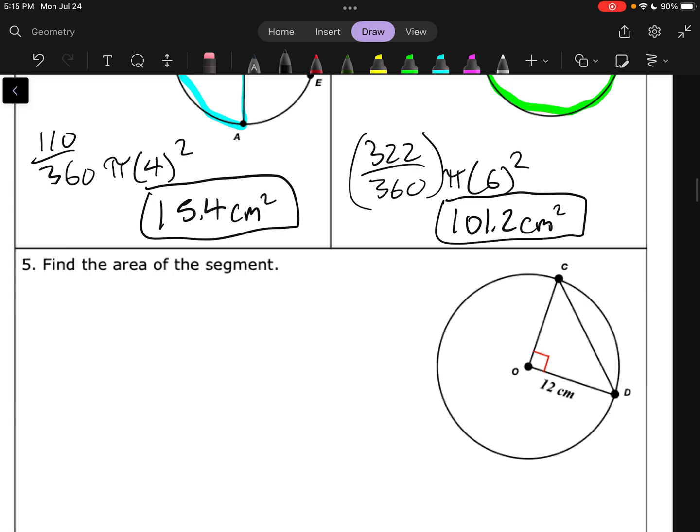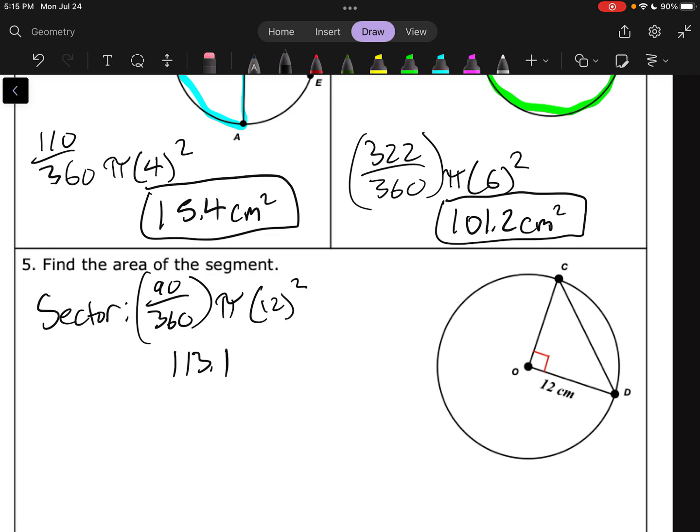And lastly, let's find the area of the segment. First, the sector. For the sector, we should be doing 90 over 360 times pi times 12 squared. That's giving me 113.1.